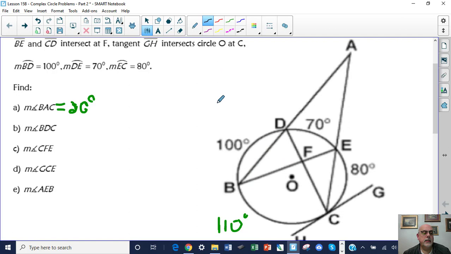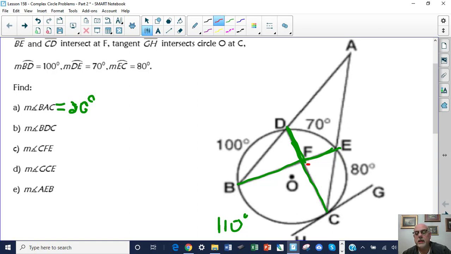And now angle CFE. CFE is this angle here. If you look at the bigger picture, CFE is formed by two chords intersecting in the circle. The angle that we're looking for is this one, CFE.